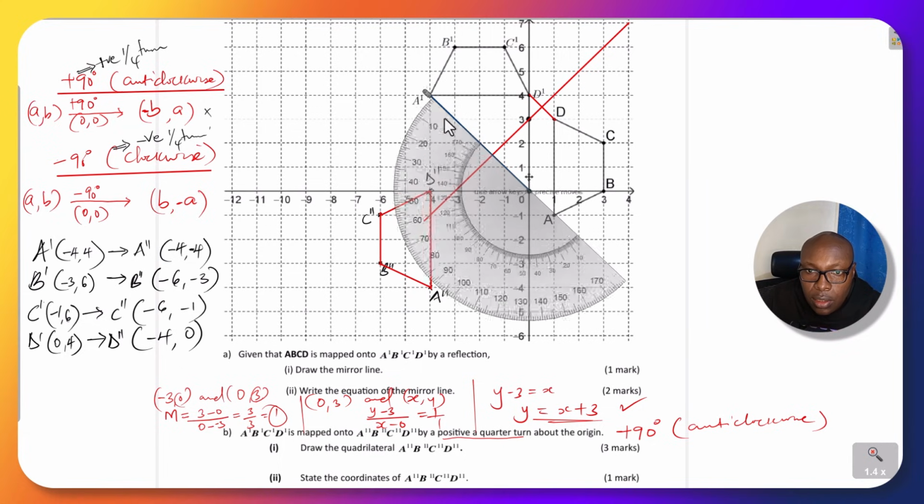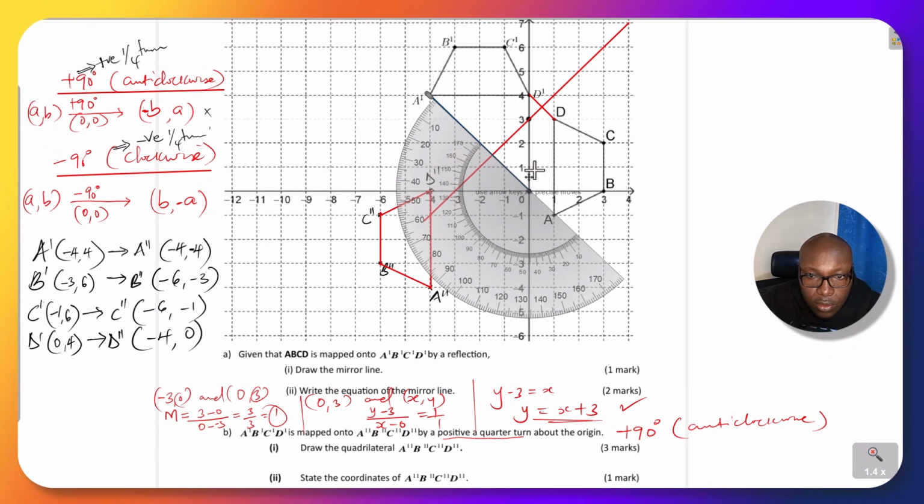Yeah, sorry. So you can see how I'm placing. After joining A prime to the origin, you want to get the image, and then the angle is supposed to be measured anti-clockwise. So you're supposed to measure the angle from this going this way.